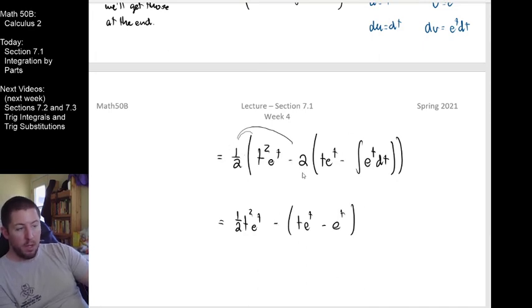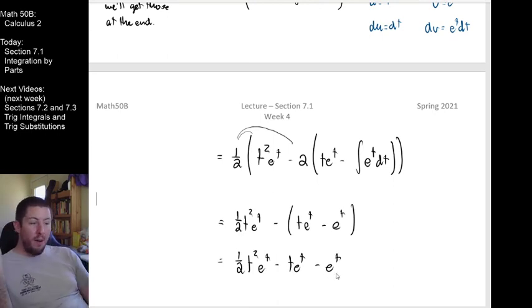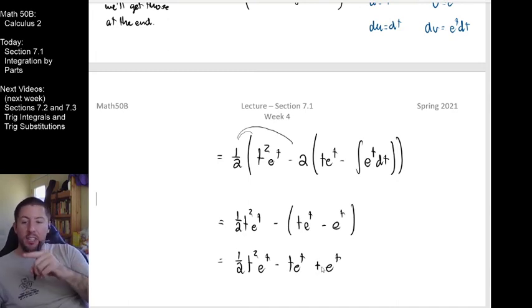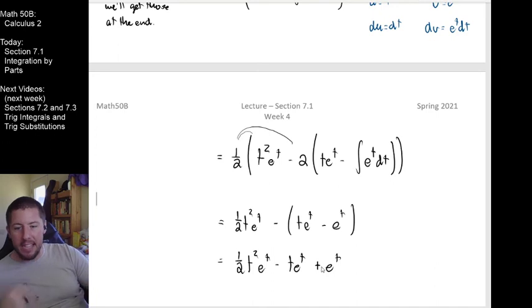This 1/2 did multiply this entire second group right there by multiplying the 2 coefficient that was sitting out front. So I feel like I'm getting 1/2 t squared e to the t minus t e to the t minus e to the t. And oh man, one of the things, oh, that's a plus right there. Distribute that negative. One of the things that's so cool about this is I feel like I can literally see the integration by parts cascading down.